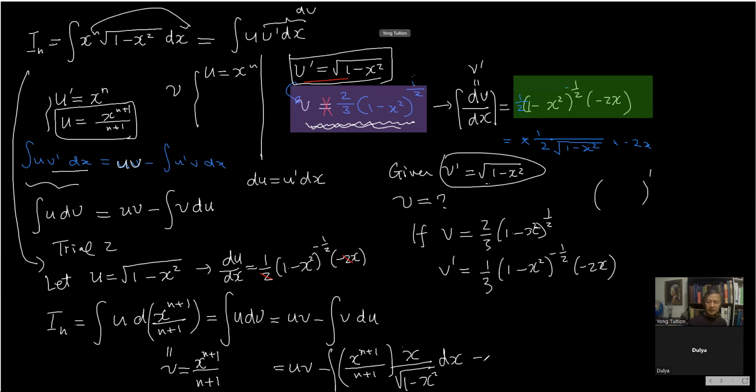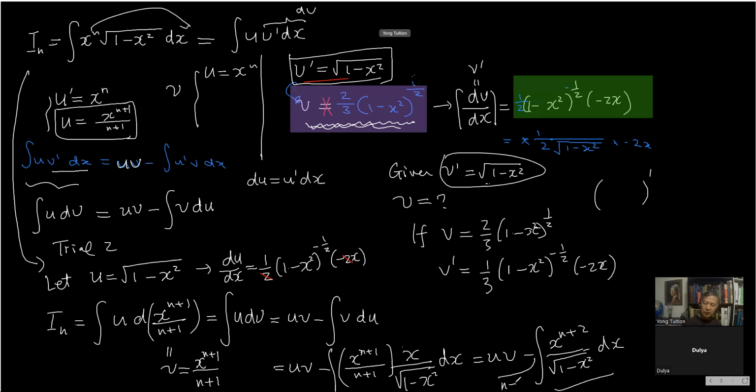So it's not easy. uv minus, we just put them together. So that is x to the n plus 2 divided by root 1 plus x squared dx. So this is still not easy to integrate. What happened to the n plus 1? Ah, n plus 1 should be still there. Yes, I forgot. It's n plus 1.